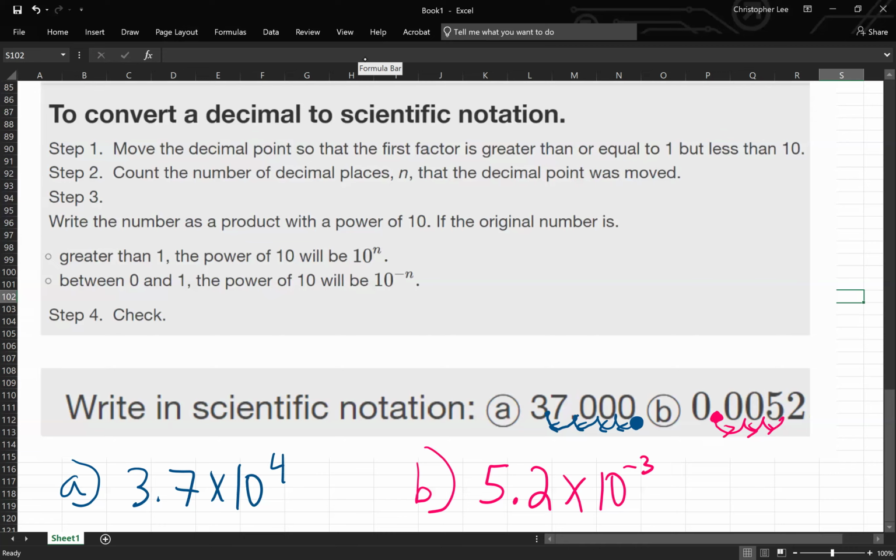I just count how many times I'm moving the decimal, and however many times I'm moving it, that's the exponent power. That's it. On your homework though, if you were to type this in, remember to use that space: space between the first number, then the X, then space between that and the 10 to the power. And that's how WebWork will take it.